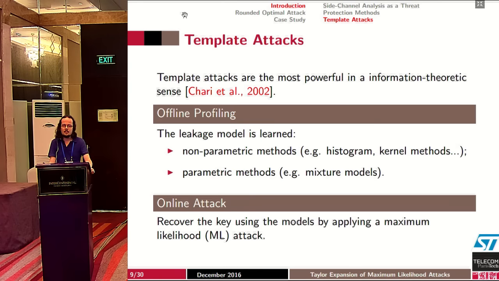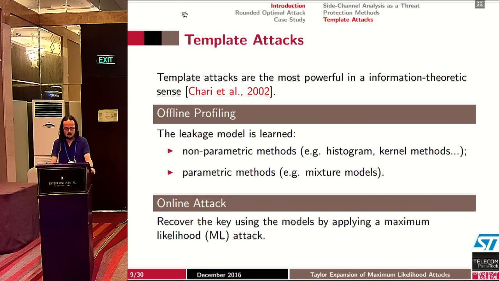These two countermeasures can be defeated by template attacks. Template attacks are a particular kind of side-channel attack. They are known to be the most powerful in an information theoretic sense. Such attacks can be divided into two phases. In an offline profiling phase, the leakage model is learned by using a golden device in which we can modify the value of the keys.